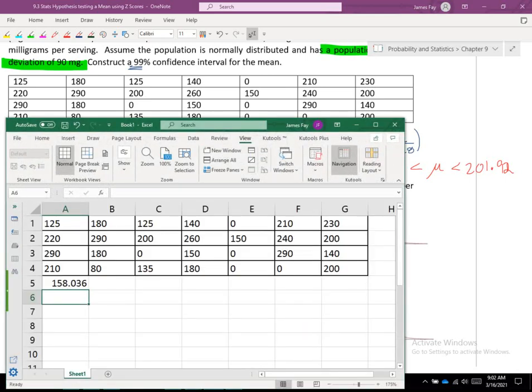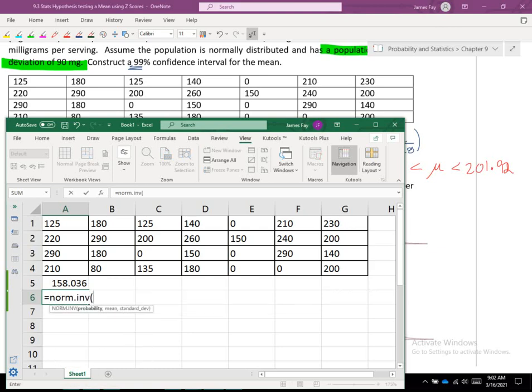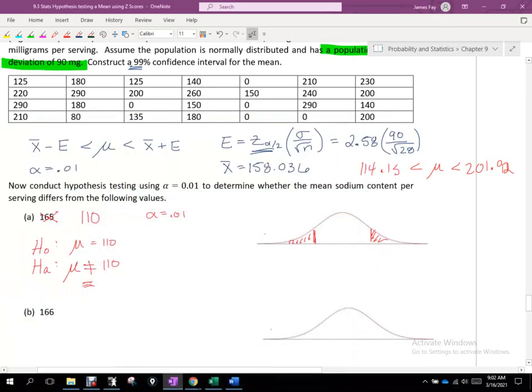If I go equals norm.inv, two tails, so it's going to take that alpha of 0.01 and divide it in half. Mean is 0, standard deviation is 1, gives me negative 2.58, right? That's when I said we already calculated that. That's what we found right there. So I'm going to put negative 2.58 here. This can be positive 2.58. Those are our rejection regions.